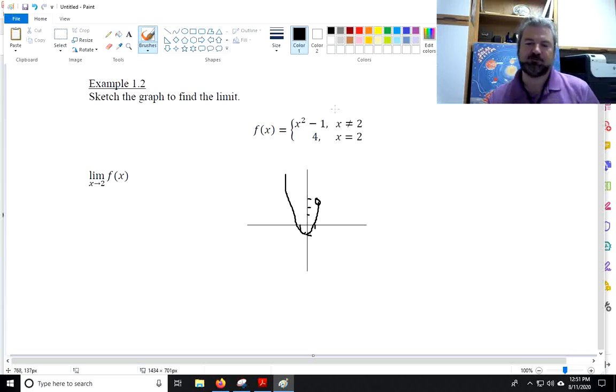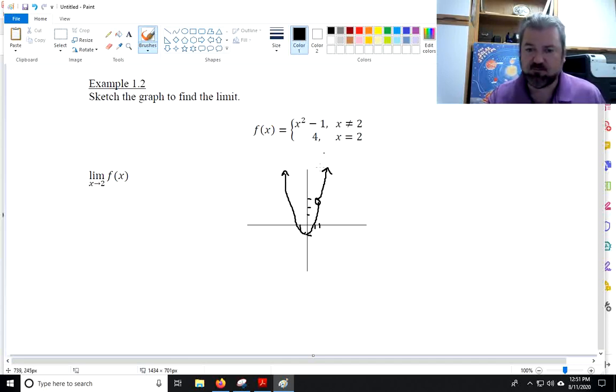Now, a lot of people graphing piecewise defined functions forget that just because it says x not equal to 2 doesn't mean I stop at x equals 1. I keep going past it. You get infinitely close to that 2. Then, since it's not x less than 2 or x greater than 2, it's just x not equal to 2, I also have this part of the parabola up here as well.